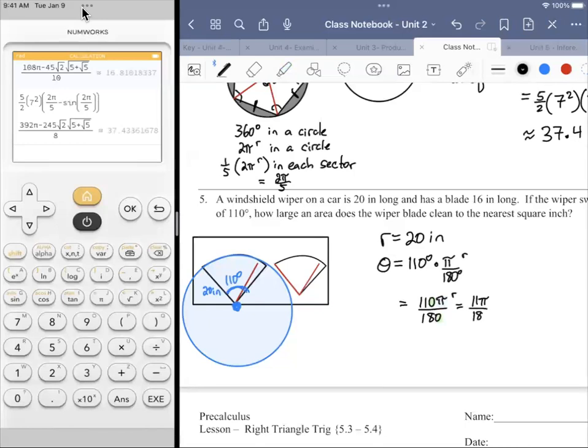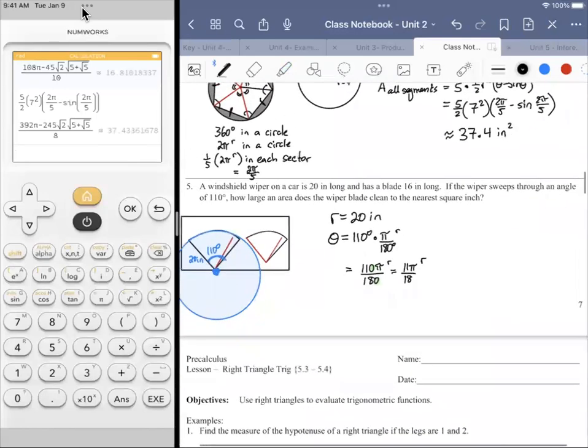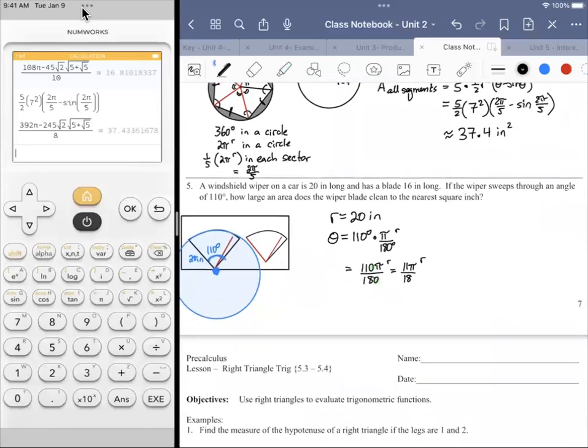I'm just doing it so that I can type less into the calculator. This one is just a simple sector, which is 1/2 r squared theta. So 1/2 times 20 squared times the theta value, 11 pi over 18.